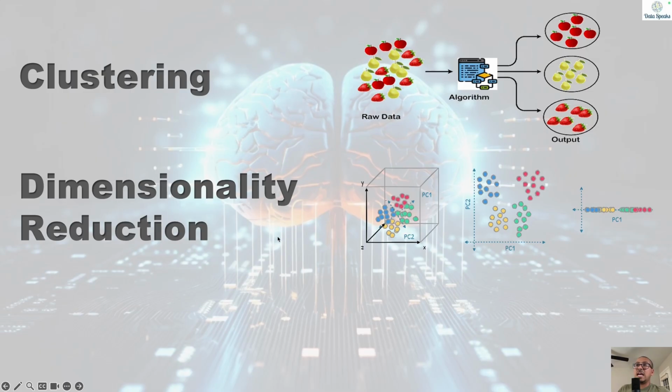The next type of unsupervised learning is dimensionality reduction. Dimensionality reduction is for when you have so many features in your data, and a lot of features may not necessarily help the machine learning models to be better. Many times the data may have a lot of noisy, unhelpful information.